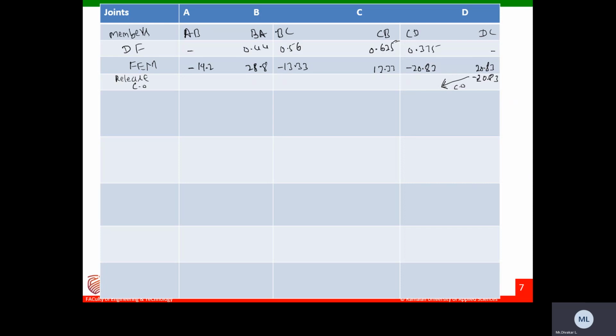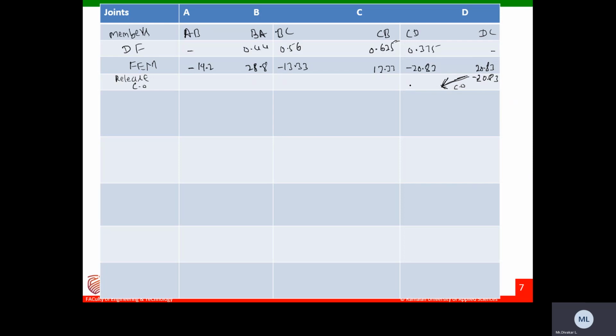So for any simply supported hinge or roller, I need to make the summation of moment at that point 0. The bending moment at that point will be 0 because it is a hinge. So I need to release the moment. The fixed moment there is minus 20.83, so I release it, which means I make it plus 20.83, and carry half of the moment to the adjacent support.